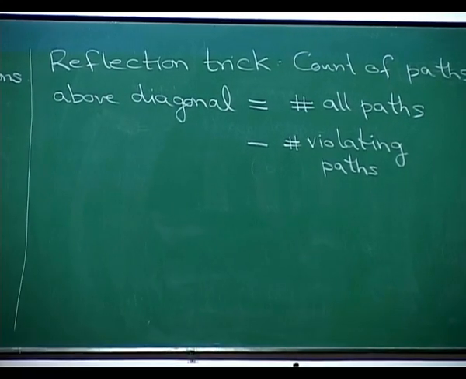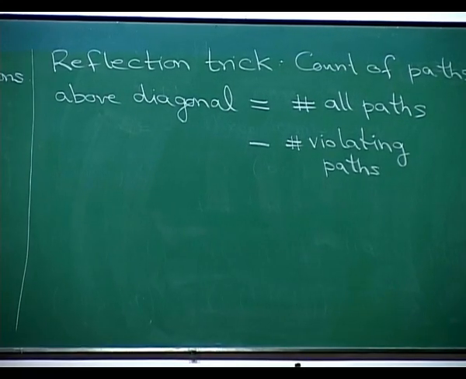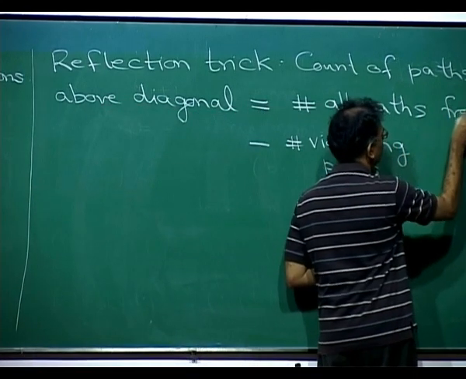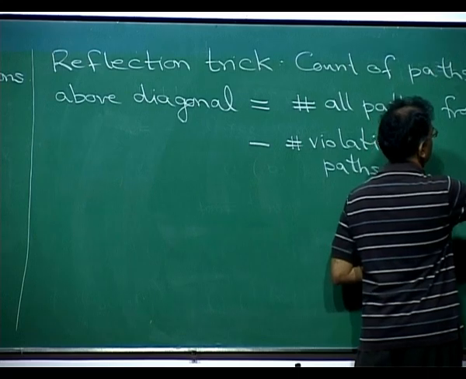Violating paths means going below the diagonal at some place or the other. All paths, what all paths? All paths from 0, 0 to n, n, of course.